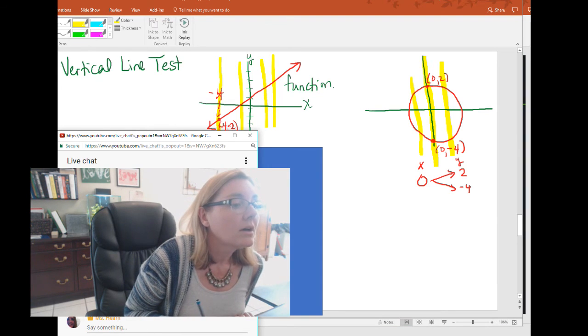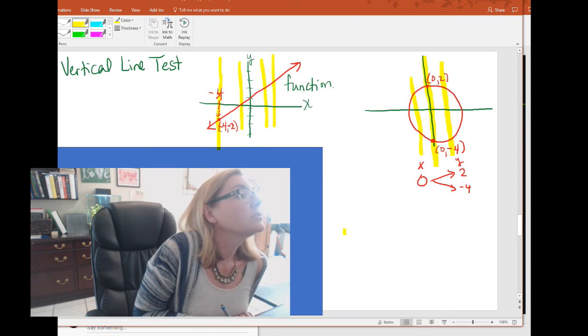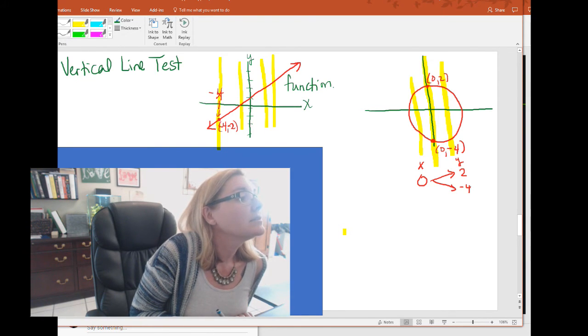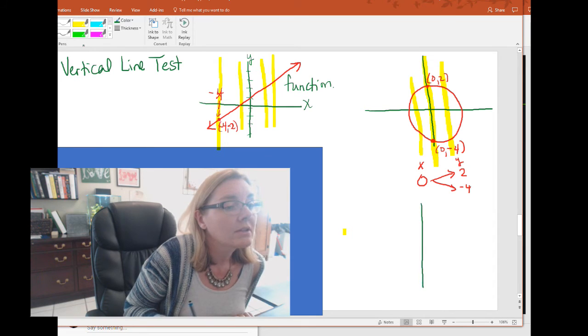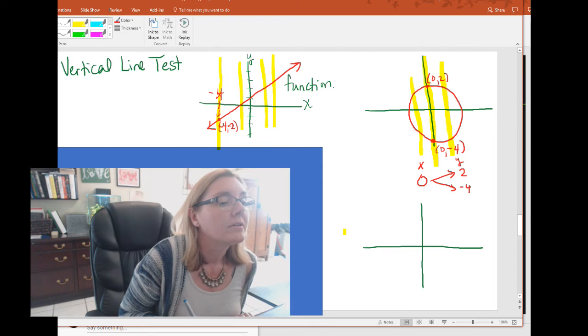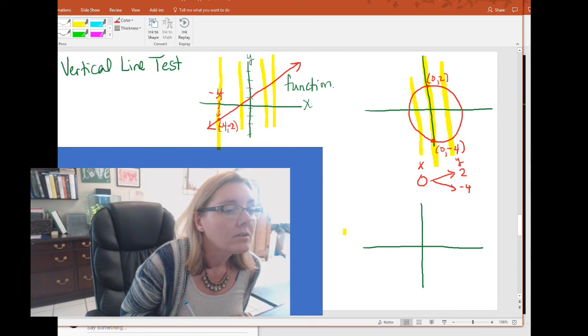Okay, so sometimes you will have graphs that are nice smooth curves like that. Sometimes you'll have graphs that look like a bunch of dots, like this. Individual ordered pairs that have been plotted.